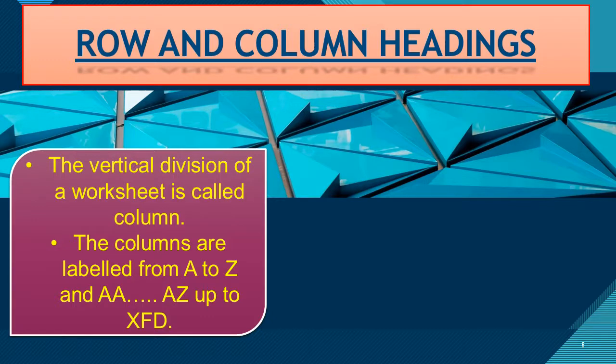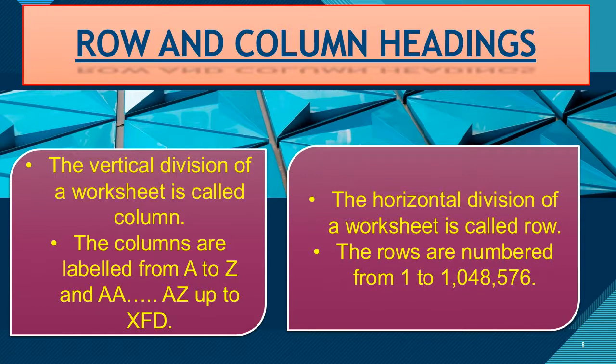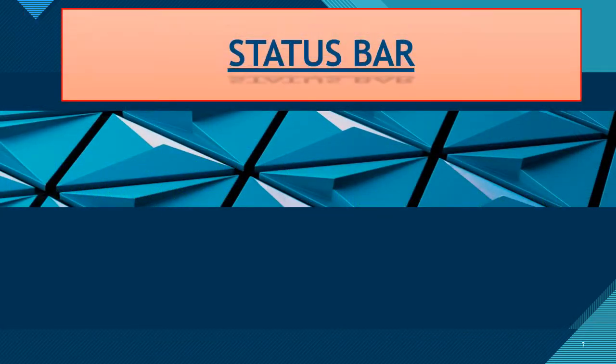The another component of Excel window is row. The row is the horizontal division of a worksheet. Rows are numbered from 1 to 10,48,576.